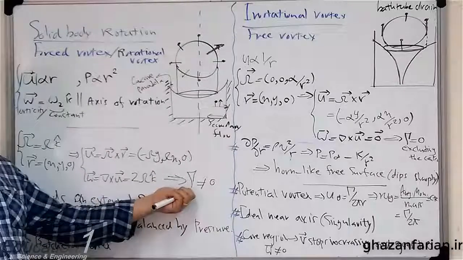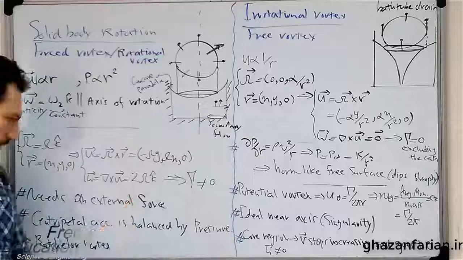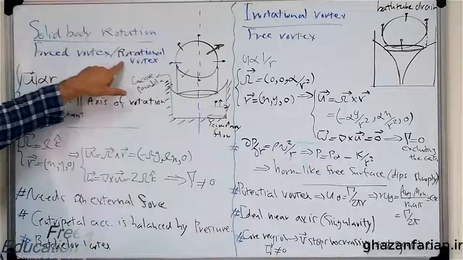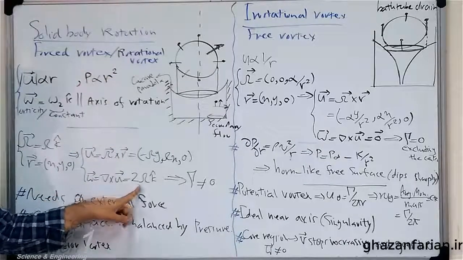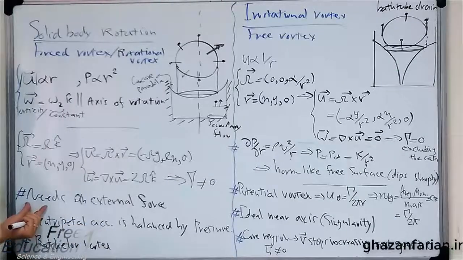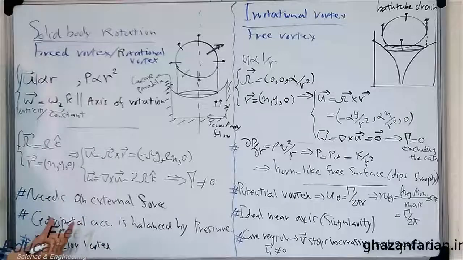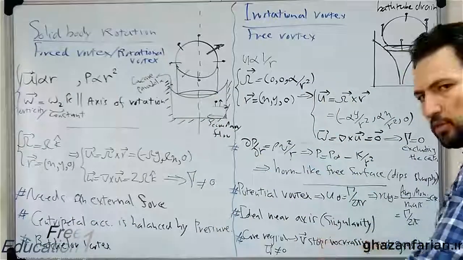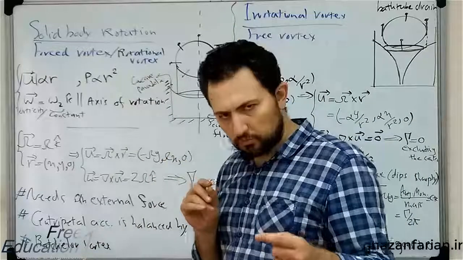So the circulation, which is the flux of vorticity, is again non-zero. This kind of vortex is rotational because the vorticity vector is a non-zero quantity. As I told you, this kind of vortex needs an external force, and the centripetal acceleration is balanced by pressure. This is the solid body rotation, or the forced vortex, which is a rotational kind of vortex.